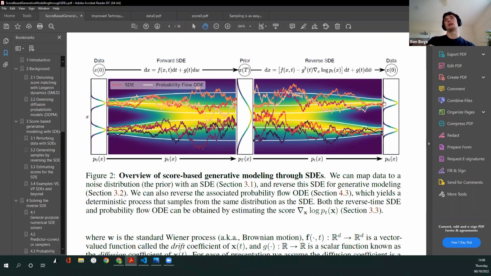Yeah, the mixing at this point is very poor because you can't jump between the modes, but the mixing at this point is better. And that's one of the reasons why this method works, because you can explore the whole space of the distribution here when you've got an annealed score.